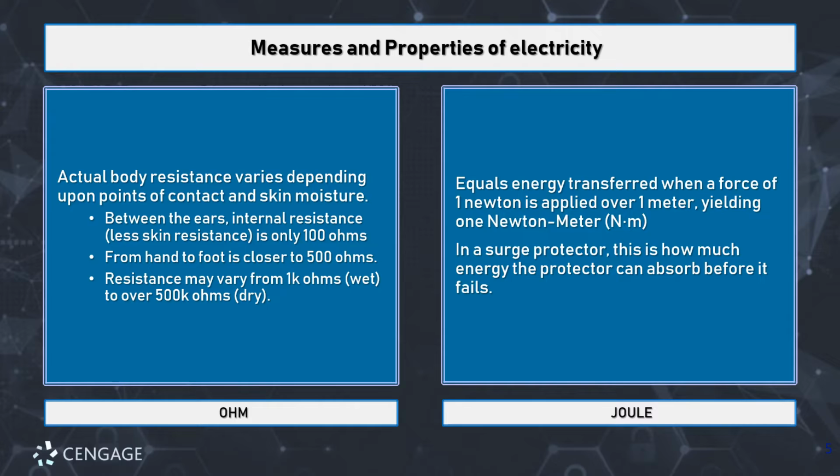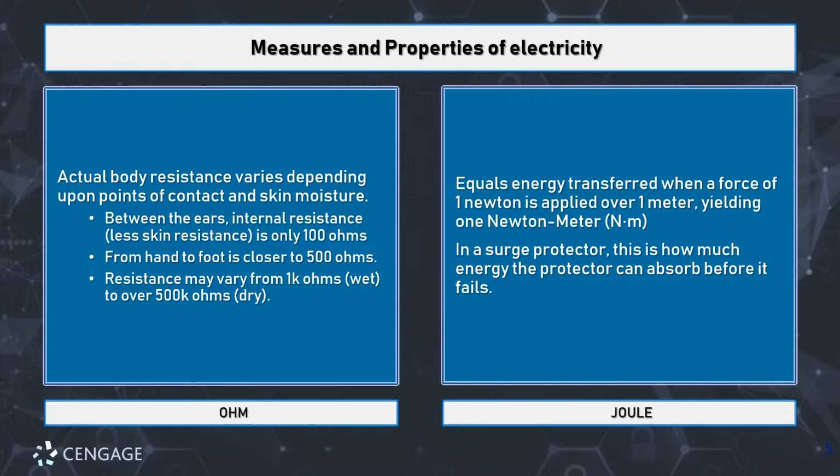You're actually in a bit of a better situation than you would be in most other cases because other than the fact that water has impurities in it and you generally don't bathe in distilled water, most of the salt, dirt, and other suspended materials that would be highly conductive have been removed. Now, because you are wet, you are going to have a higher level of conductivity than you would be dry, but most of the surface salt and things like that have been washed away. So again, it's all conditional.